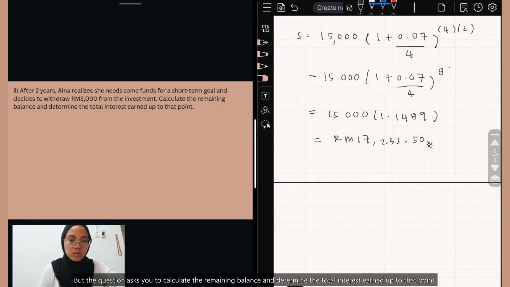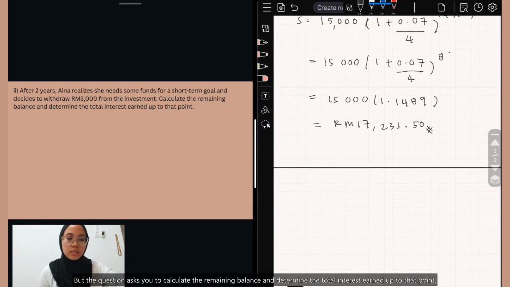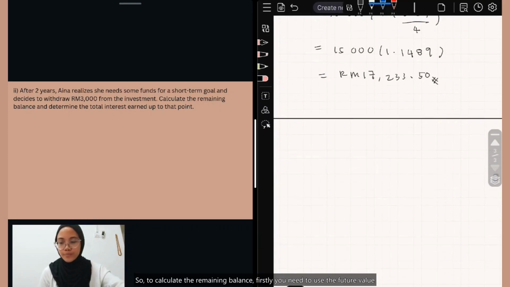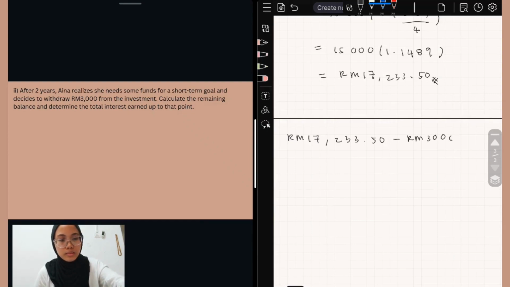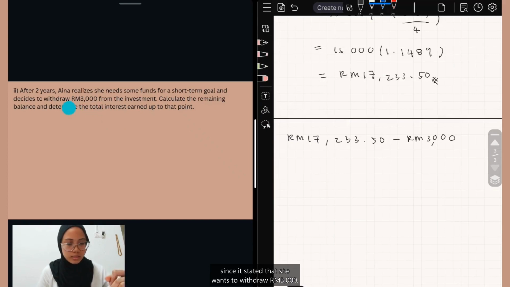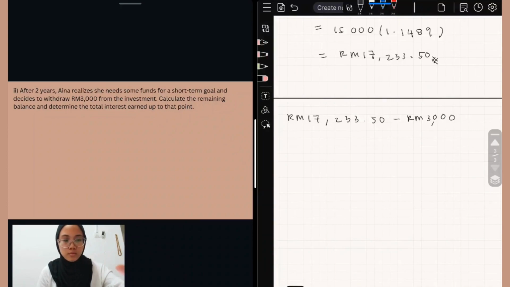But the question asks you to calculate the remaining balance and to determine the total interest earned up to that point. So to calculate the remaining balance, firstly you need to use the future value after 2 years, which is RM 17,233 ringgit 50 cents minus 3,000, since it states that she wants to withdraw 3,000 after 2 years.